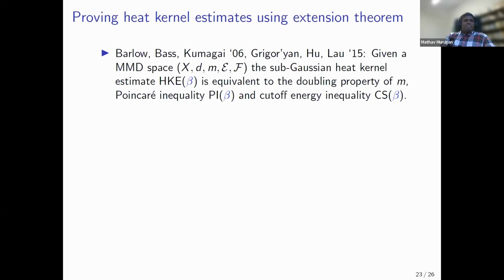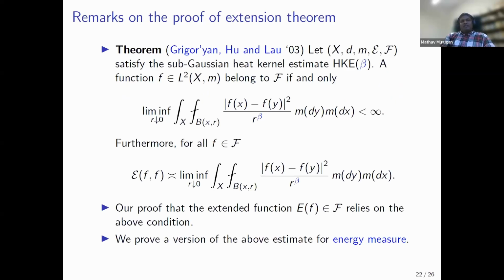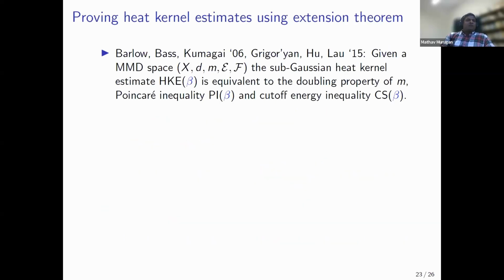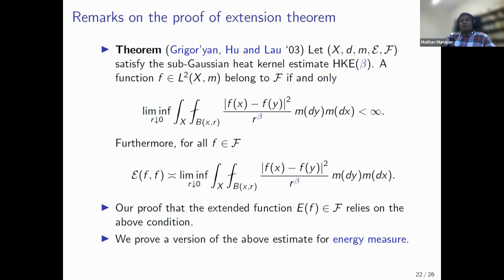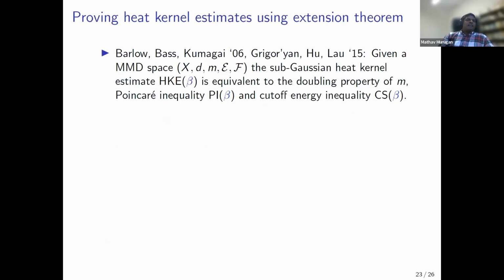So now in the next few minutes, I will explain how to use this extension operator and the boundedness of the extension operator to prove heat kernel estimates for the reflected diffusion. So this goes back to characterizations of heat kernel estimates by analytic conditions.